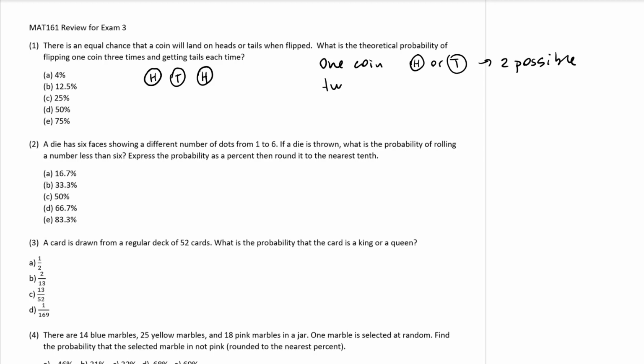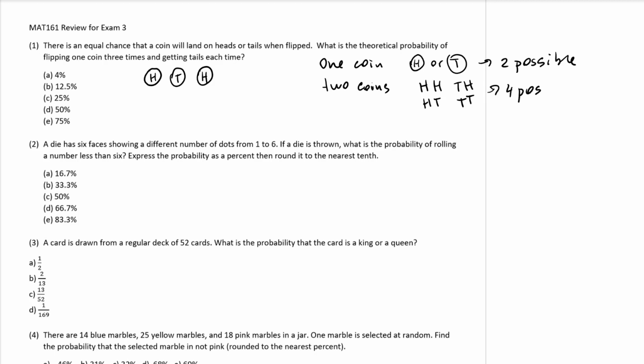When there are 2 coins, your pool of possibilities grows much more. Instead of drawing circles, I'll just write down the possibilities. So you can have heads heads, heads tails, tails heads, or tails tails. So you have 4 different possibilities.